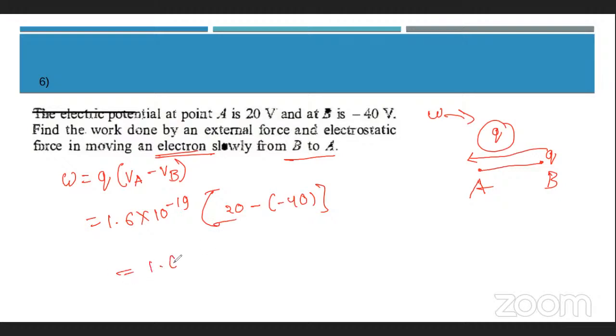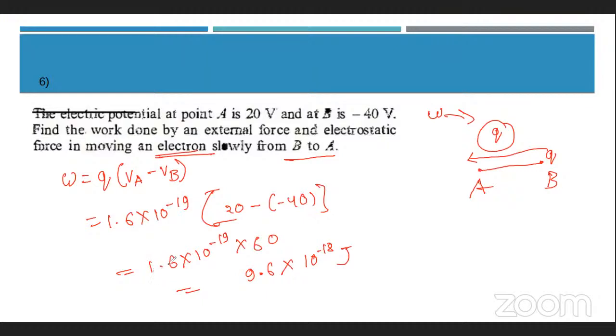So this is 1.6 into 10 raised to minus 19, and we have 20 plus 40, so 60. 1.6 times 60 is 96, so 9.6 into 10 raised to minus 18 joule.